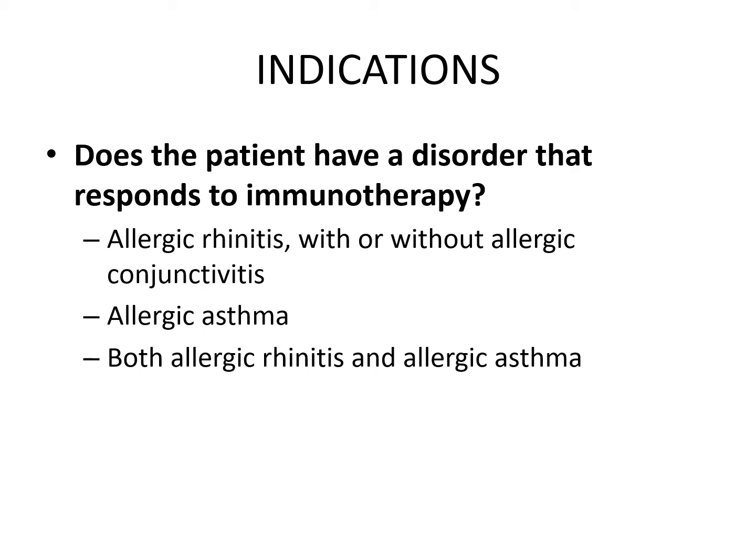What are the indications for immunotherapy? First, we have to confirm: does the patient have a disorder that responds to immunotherapy? This includes conditions like allergic rhinitis with or without allergic conjunctivitis, allergic asthma, or patients with both allergic rhinitis and allergic asthma.